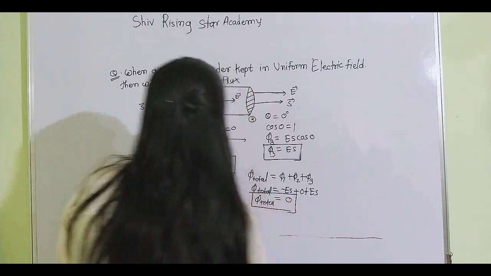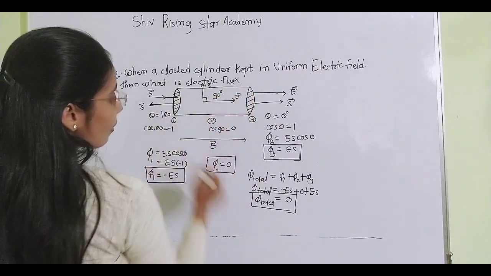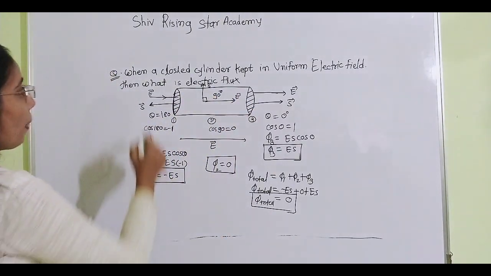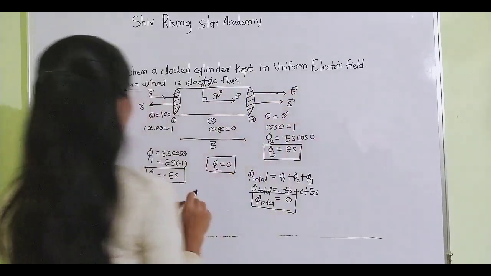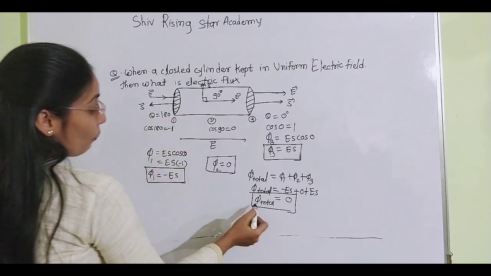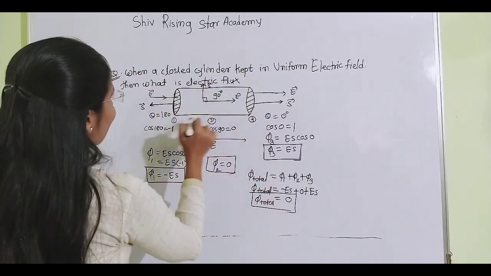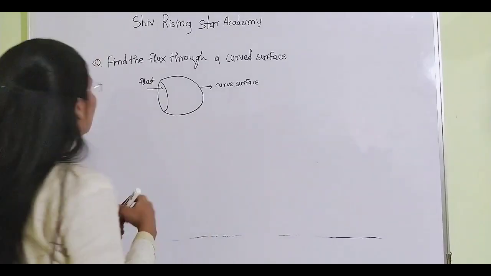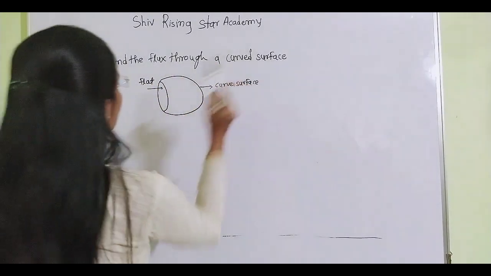So the total electric flux through this closed surface is 0. When a closed cylinder is kept in a uniform electric field, the total flux related to this closed cylinder is 0. Now the question is to find the flux through a curved surface.